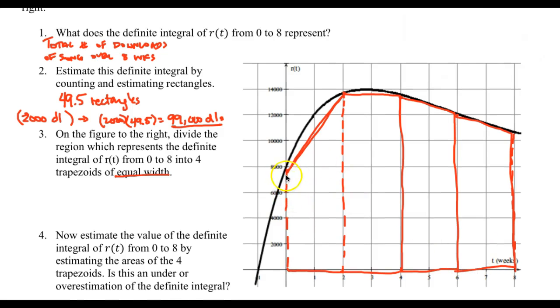I'll do this solid line here. Ugly, but that works. So let's call these A1, A2, A3, A4. And so you can see I have 4 trapezoids, and if I found the area of those 4 trapezoids, that would give me a pretty good estimate of the area underneath that curve.